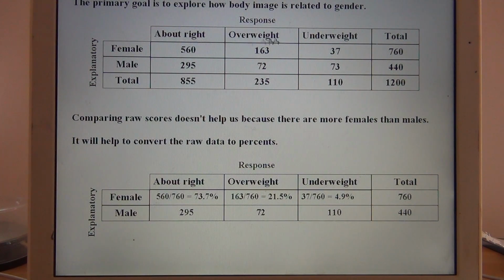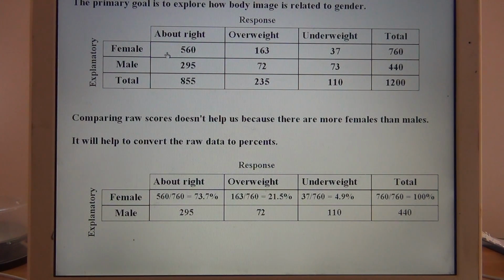We take the total number of females that saw themselves underweight, which is 37. We divide by the total number of females, which is 760, and we get 4.9%. And of course, if we take the total number of females and we divide it by the total number of females and multiply by 100, we get 100% because that's the total.